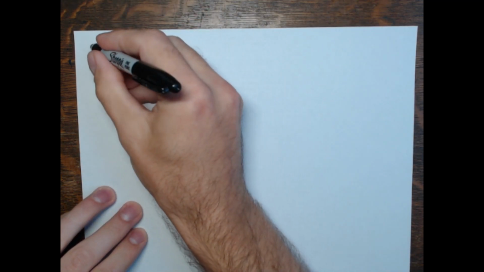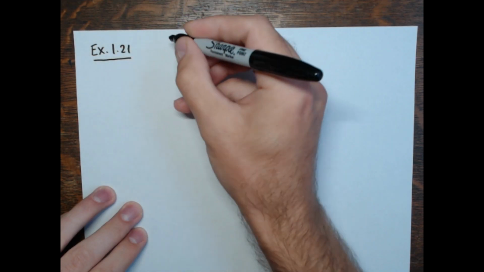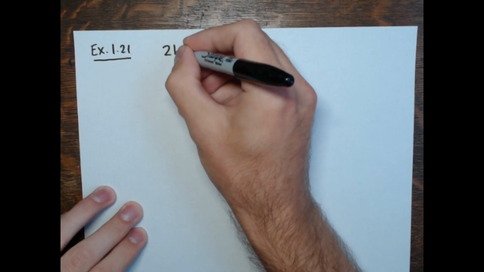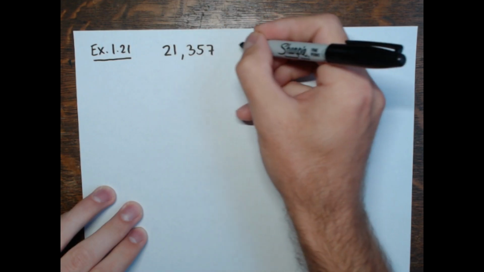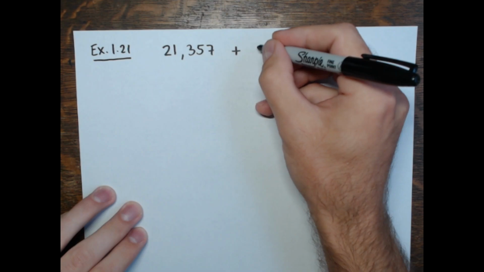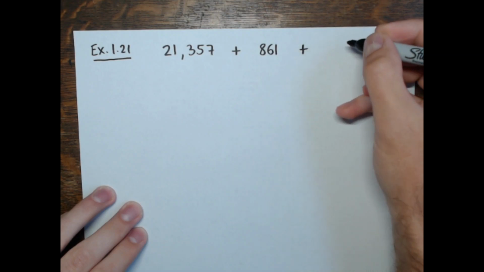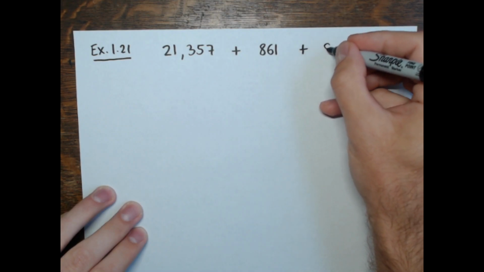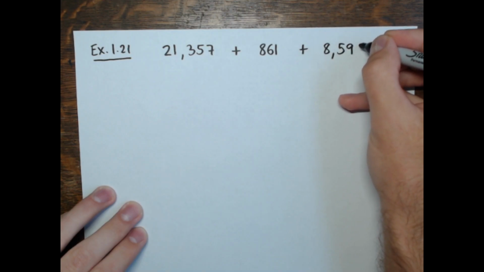So in example 1.21, we're given the following: 21,357 plus 861 plus 8,596.